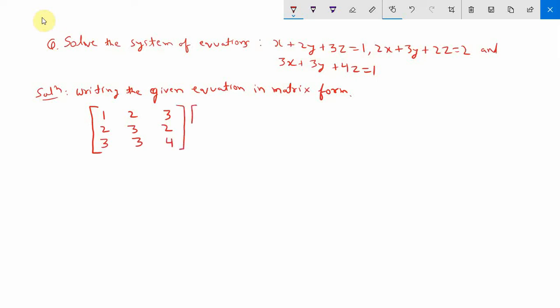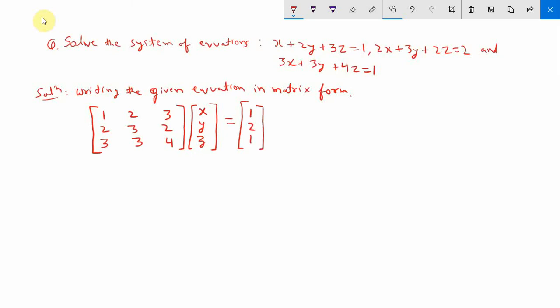Then x, y and z we will take as matrix X, Y, Z. This will be equal to the constant terms on the right side of the equations, that will be 1, 2 and 1.